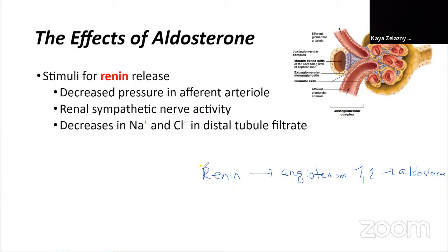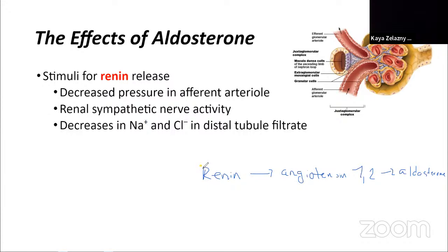That's the blood coming into the glomerulus, coming into the kidneys, into the nephron through the afferent arteriole. If that has low pressure, that's part of our cardiovascular system, and that's a signal that maybe we have low blood pressure.